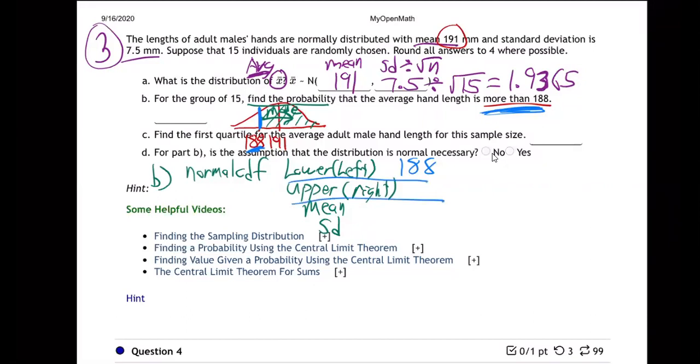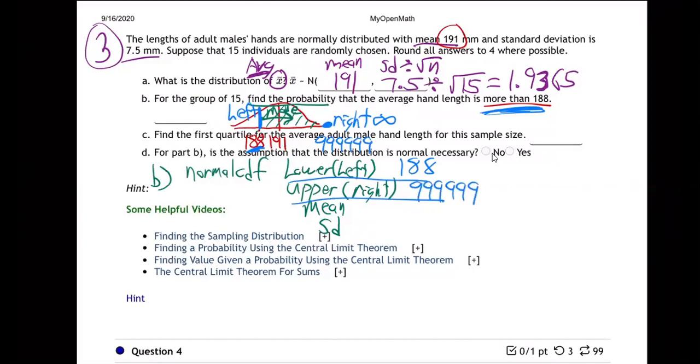What's the right edge of the piece of shading? The right edge is way over here, isn't it? Here's the right edge. This is the left edge here. The right edge is basically infinity, isn't it? So we just put in a whole bunch of nines. Remember, like 6 nines or something?